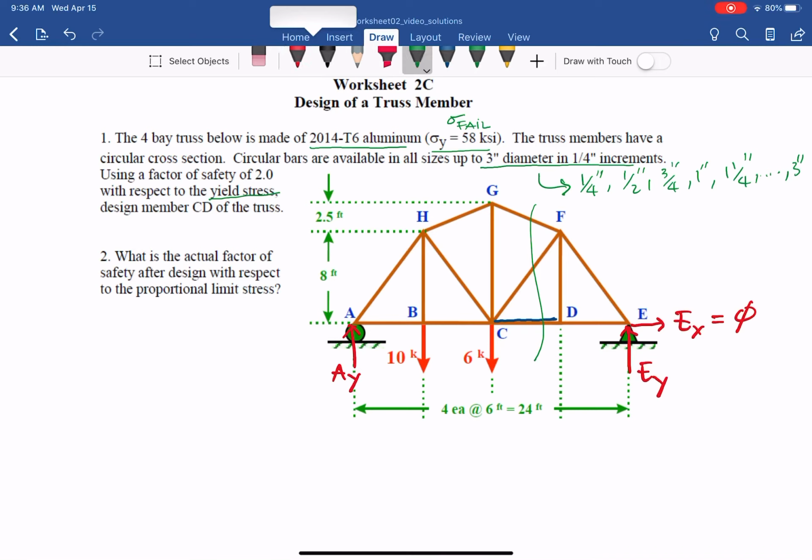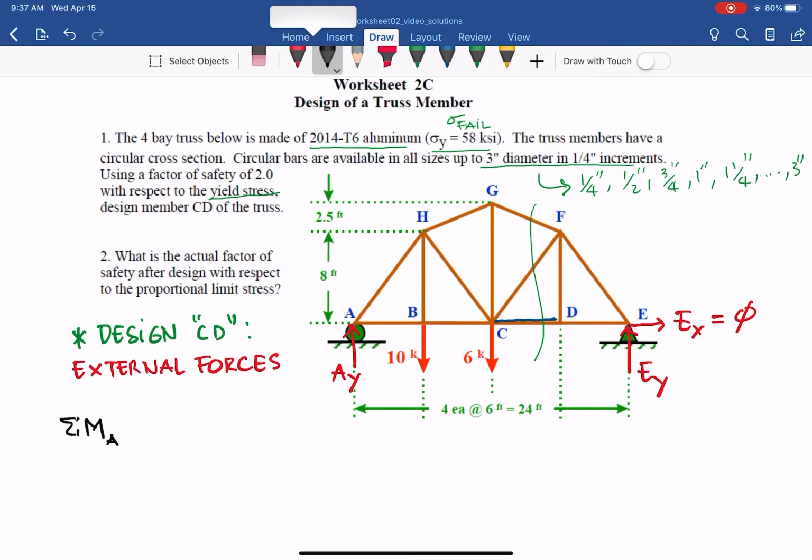Let's continue. Design member CD. First we find the external forces. Use the free body diagram for the whole truss and take moment about A so that we can find EY. EX is already 0 as I mentioned. Use your very good engineering mechanics.